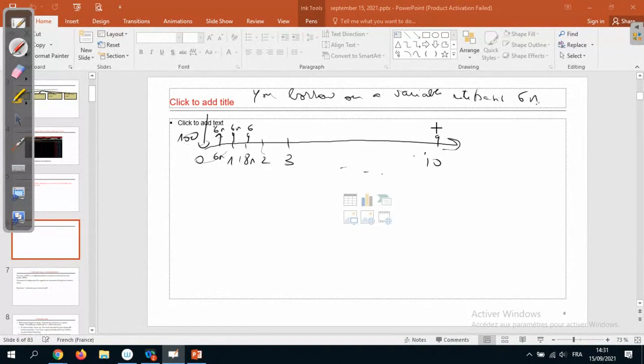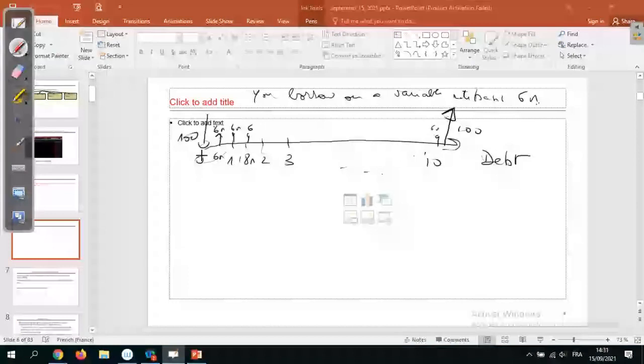And at the end, you will reimburse your debt, paying 100. That's a debt on a variable rate basis. I borrow 100, I receive $100. I will reimburse $100 in 10 years, and each 6 months, I will pay the 6 months interest rate. That's step 1. You did that.